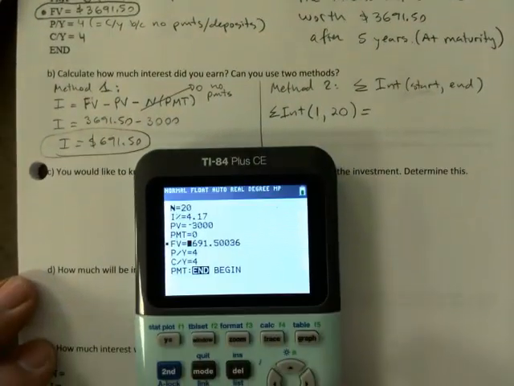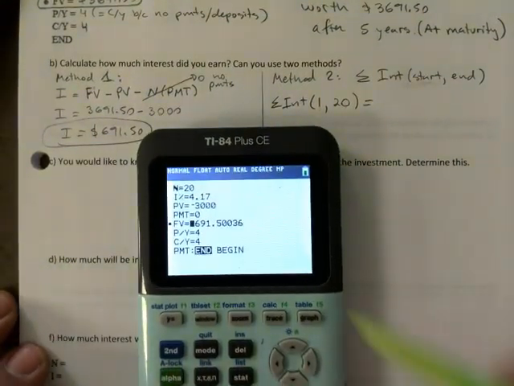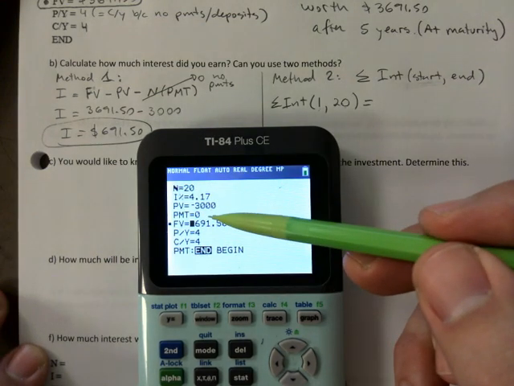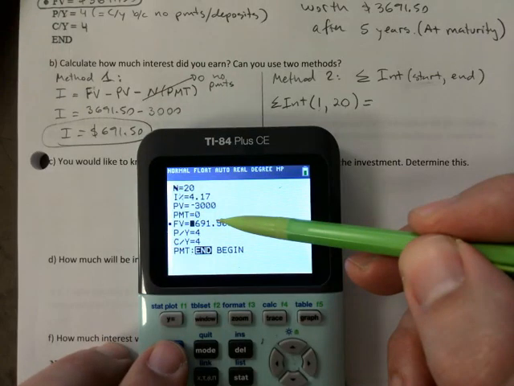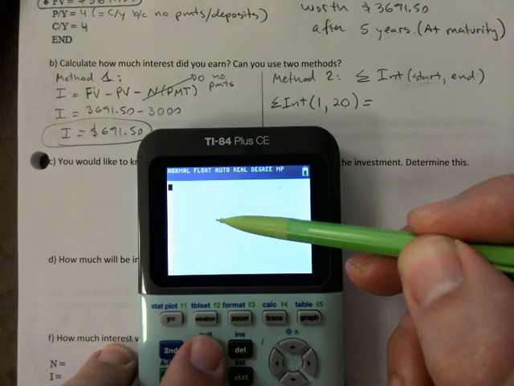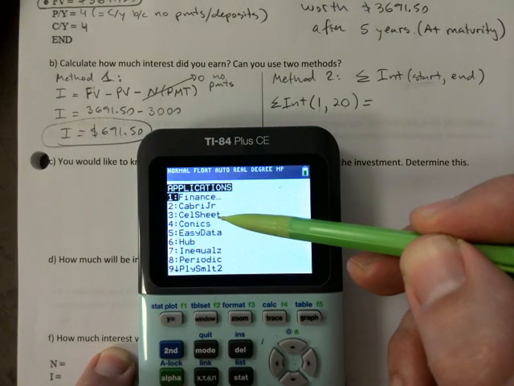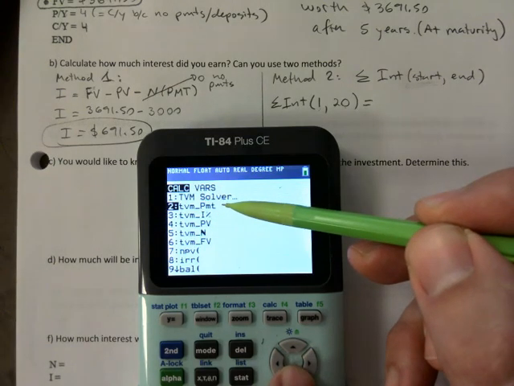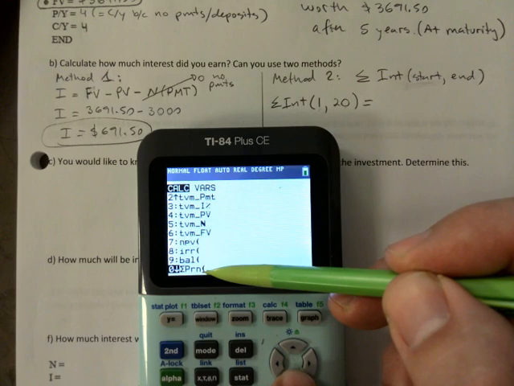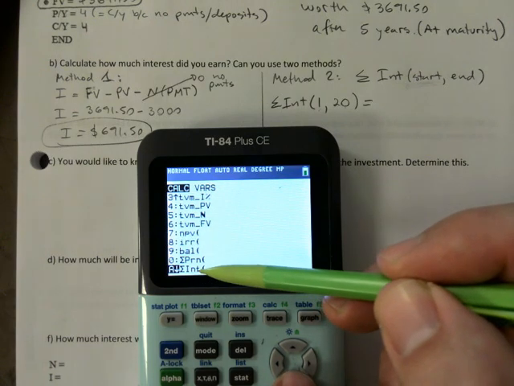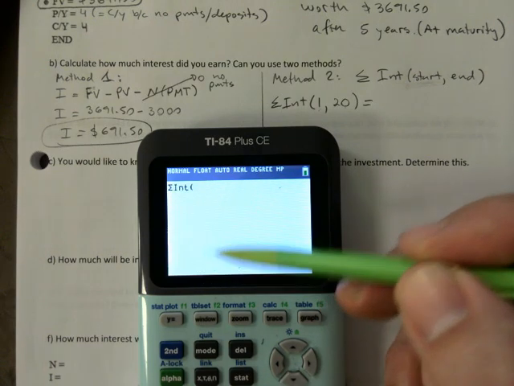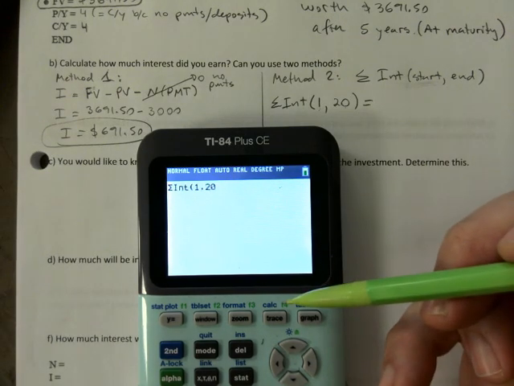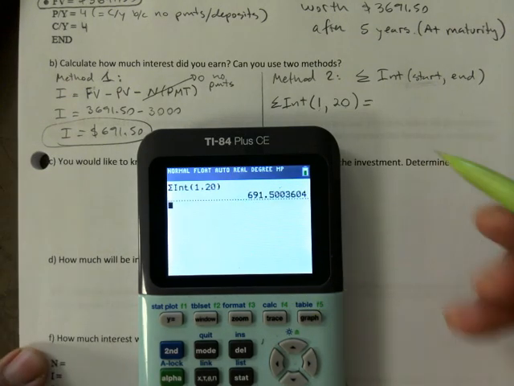Grab your calculator. This is where you have to be careful. Don't change any of these values because that's going to affect it. You leave this, you escape it, so you go second quit. You've got to go back to apps, finance, don't go into TVM solver, but go to sum of interest, this one right here. You select it, and then you just go 1, comma, in this case 20, and there it is.